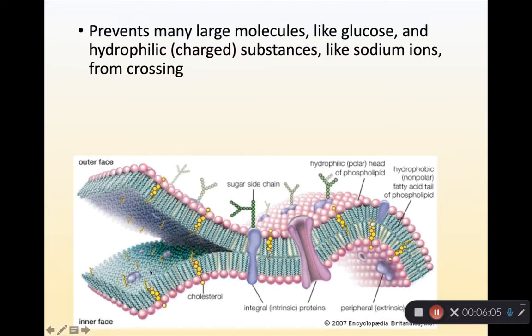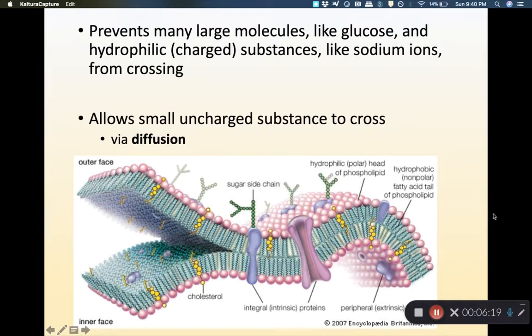And importantly, not only does it allow for some passive diffusion, it also prevents many large molecules such as glucose and hydrophilic charged substances like sodium ions from crossing, while also allowing small uncharged substances to cross just via diffusion, just naturally flowing through this phospholipid bilayer.